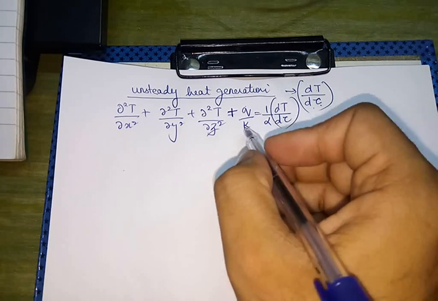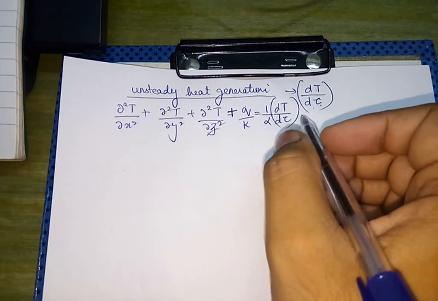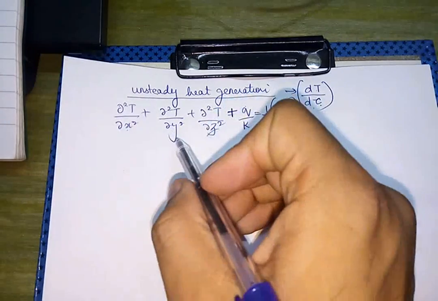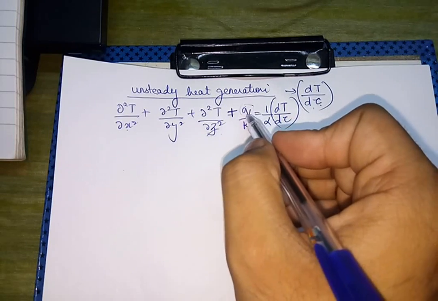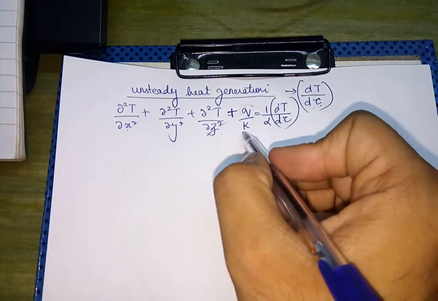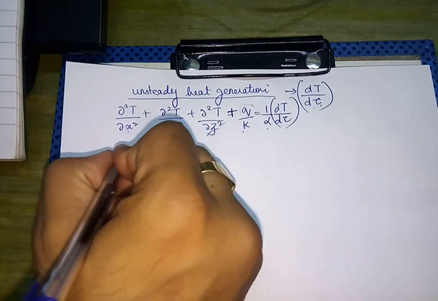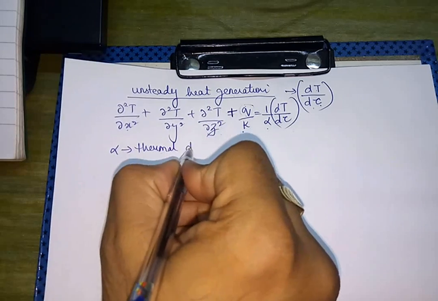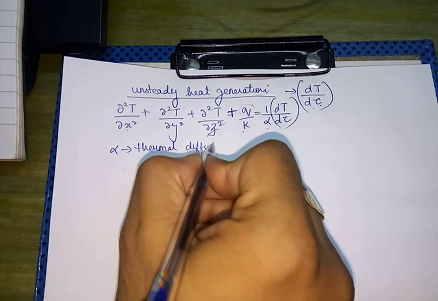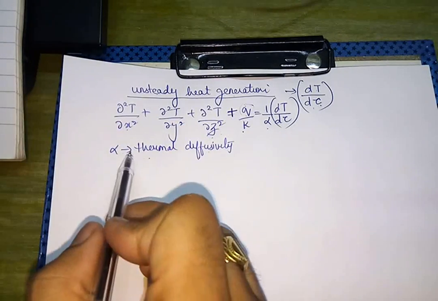So this is the equation of heat conduction in case of 3 dimensions, because we are considering x, y and z, all the 3 coordinates. q is the amount of heat which is being internally generated in the system. K is the thermal conductivity. Alpha is known as the thermal diffusivity of the material.